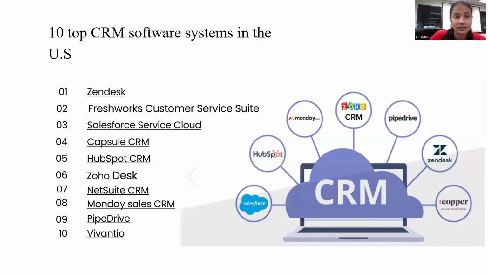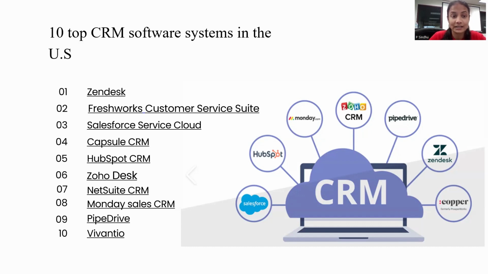Now let's discuss the top 10 CRM systems in the US. After some analysis, we understood that these are the top 10 systems being used in the US. Some are Zendesk, Freshworks Customer Service Suite, Salesforce Service Cloud, Capsule CRM, etc. We analyzed each system's class objects and their functions.